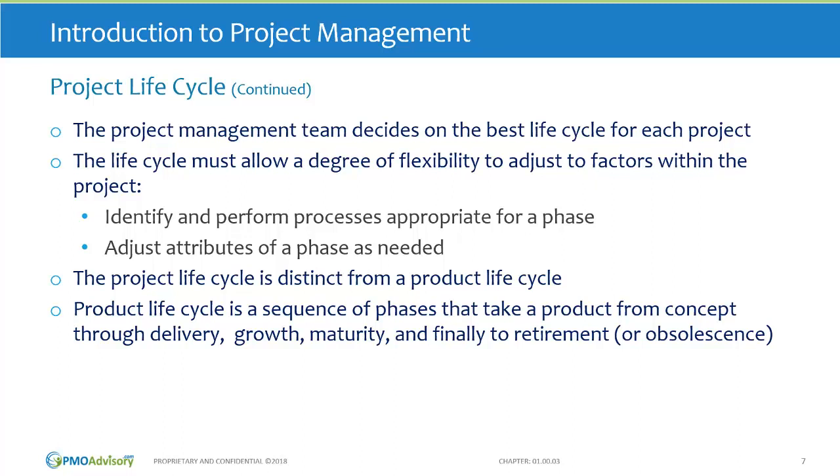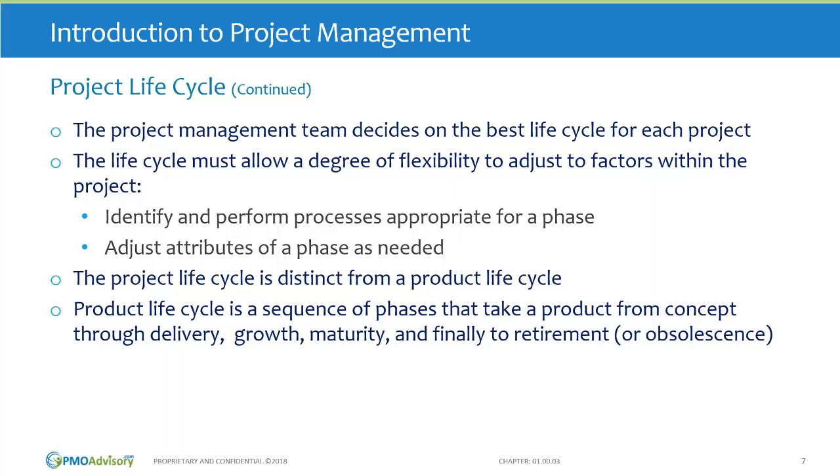As we said, the project life cycle is distinct from the product life cycle. A product life cycle is also made of phases, but it takes the product all the way from its conception through its obsolescence.